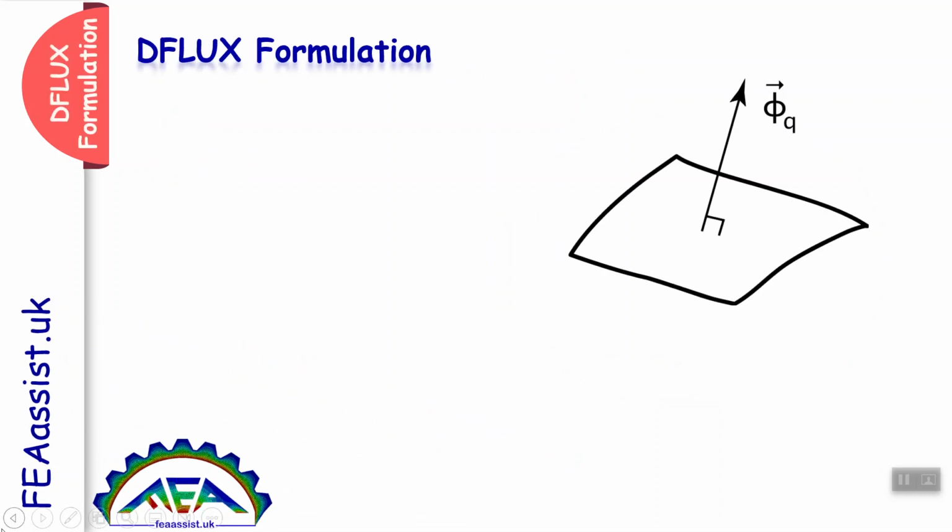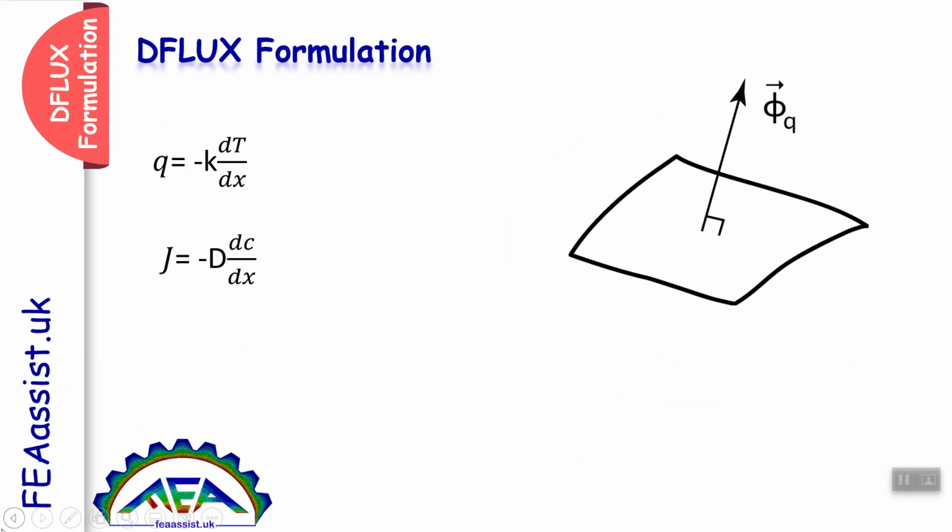DFLUX formulation. Before going to details of the formulation, you need to understand flux. What is flux? In heat transfer problems, flux is the amount of heat, the amount of energy, transferring through a unit of area in unit of time, which is a function of the derivative of temperature with respect to x in one-dimensional problems.